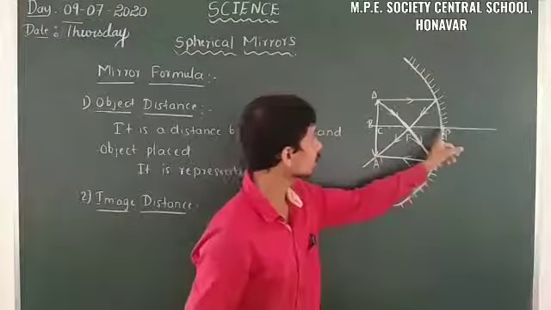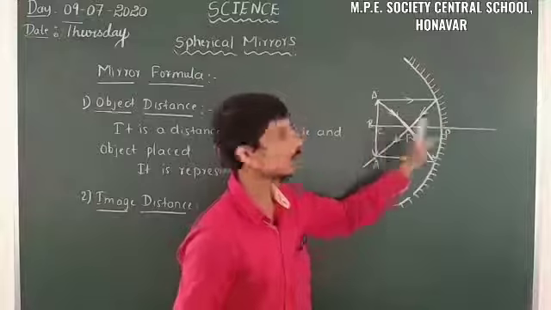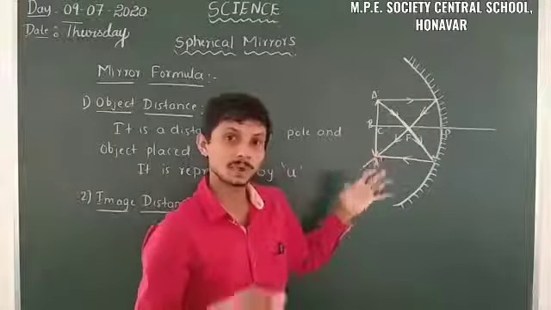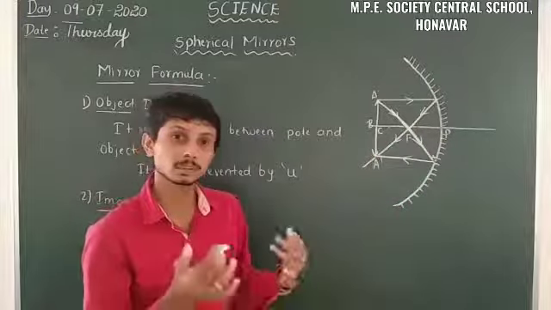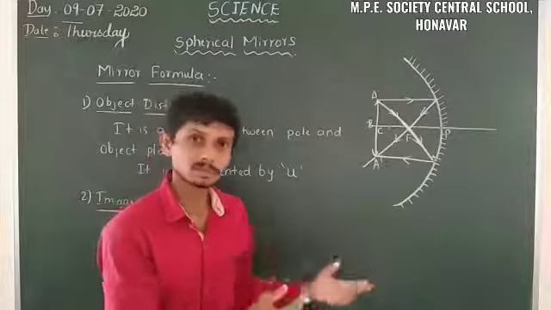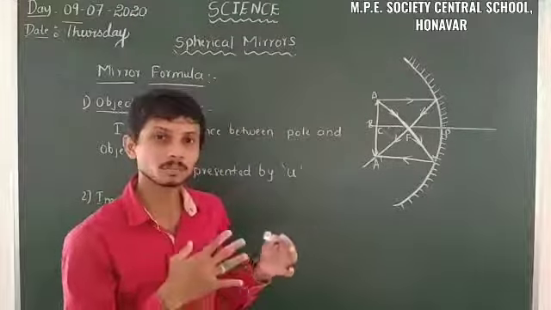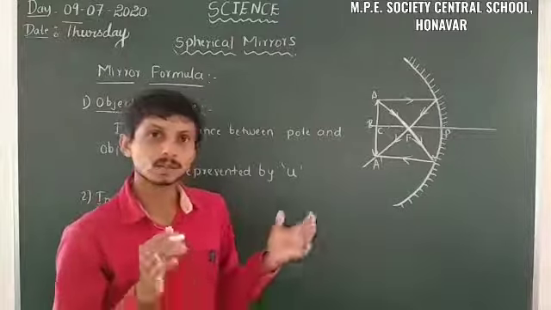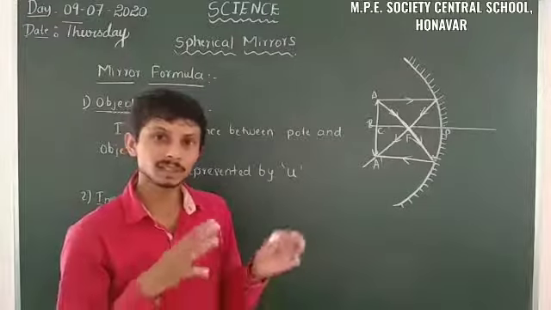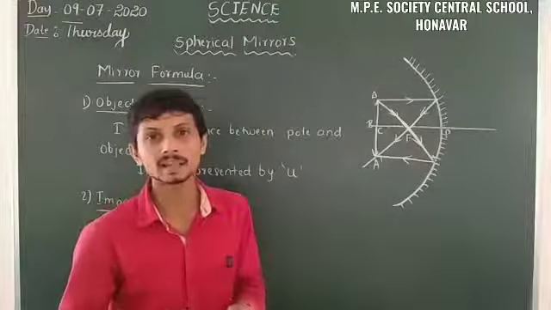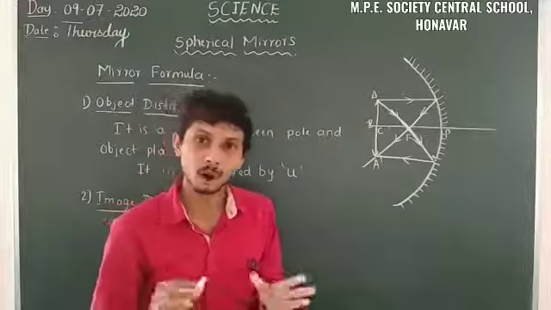Here we have to be aware of the sign convention. So the image distance is the distance between the pole and the image of an object.